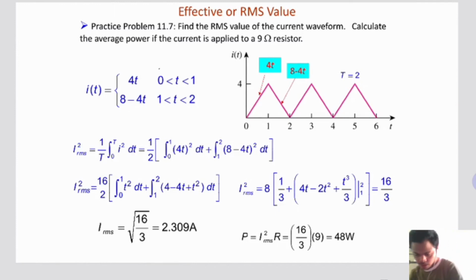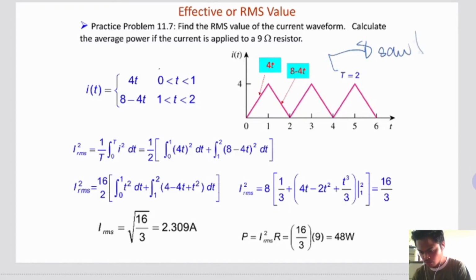This waveform is usually termed as sawtooth. At time interval 0 to 1, we have this function 40t, and it changes at time interval 1 to 2 seconds to 8 minus 40t.